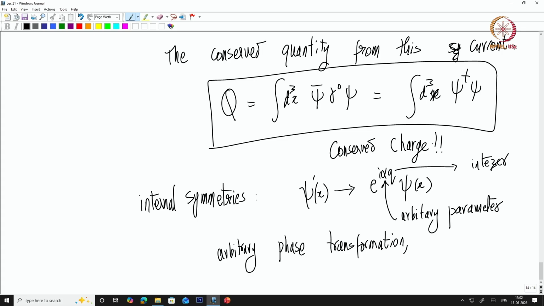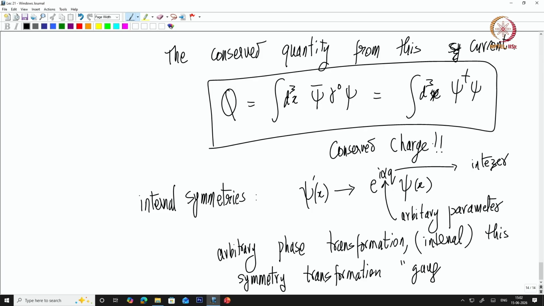This is an arbitrary internal phase transformation of the wave function, and the Lagrangian is invariant. You can check that the Lagrangian is invariant under this. So this conserves the electric charge. This symmetry transformation is sometimes called gauge symmetry transformations or global gauge symmetry transformations.